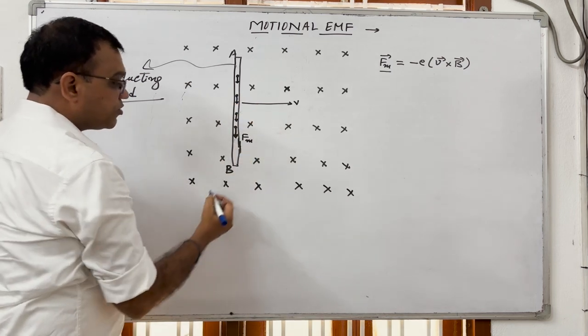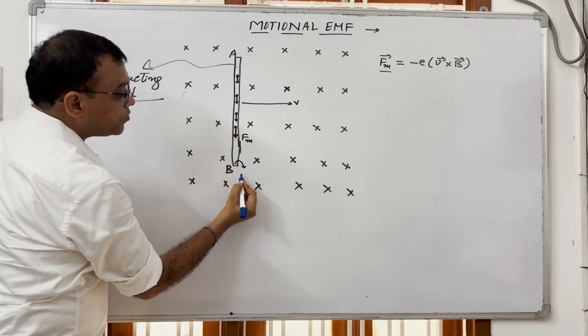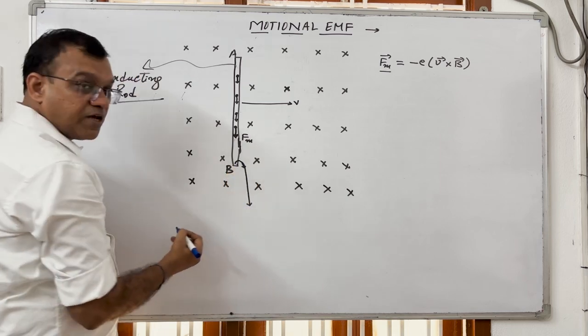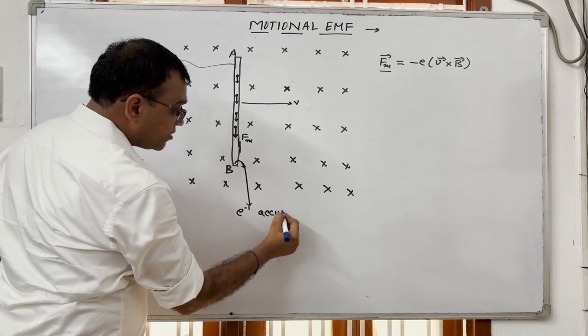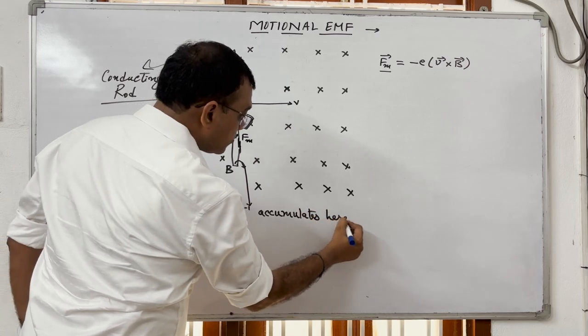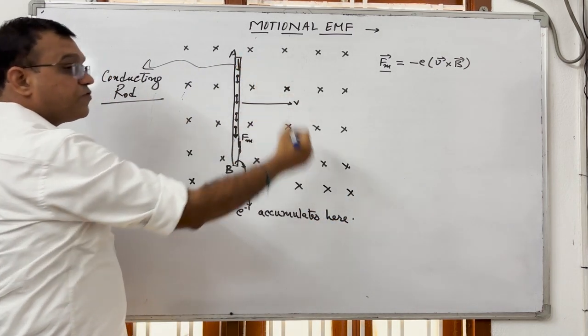As a result, what will happen? Some accumulation of electrons will take place at B. Electrons accumulate here, and some electrons will drift away from here.